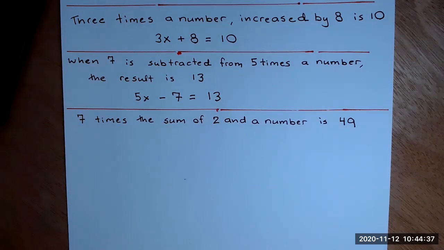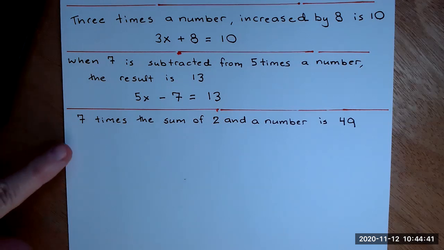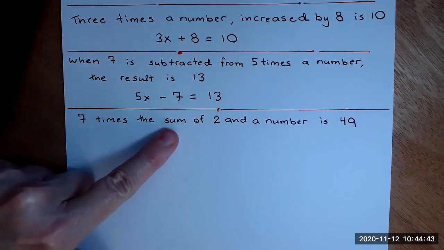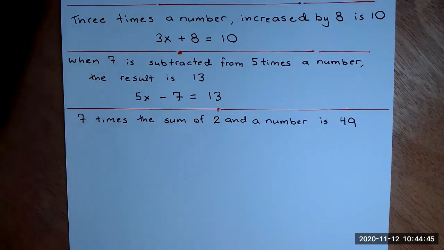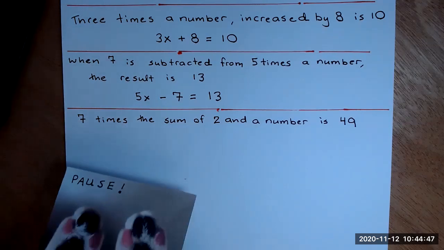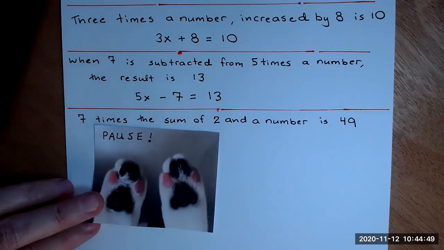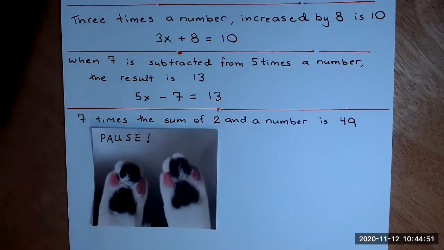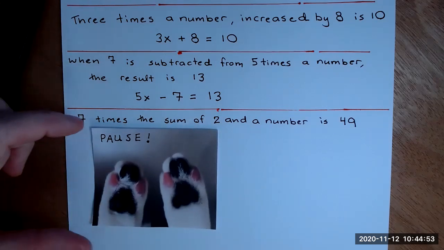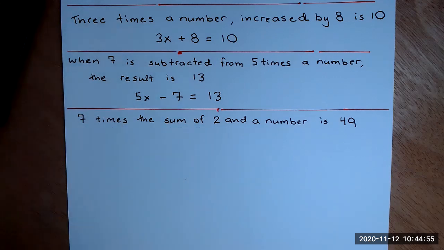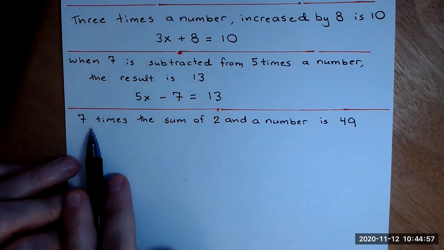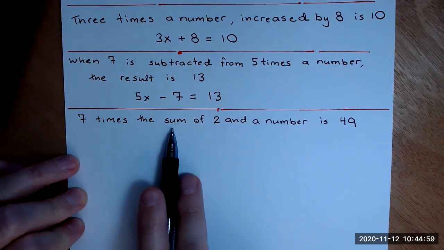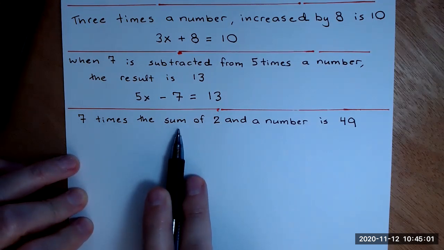All right, this one's challenging, but I think you should try it. 7 times the sum of 2 and a number is 49. So I would hit pause and try that one. All right. So we're multiplying 7 times the result of an addition.